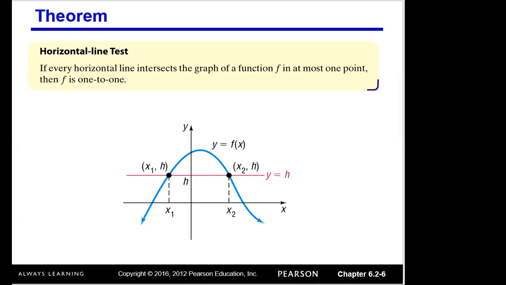If you can draw a horizontal line through this and it crosses in 2 places like this example does, you have just found 2 different inputs with the same output of H. And that violates the 1 to 1. So vertical determines whether it's a function. If it's a function, then you want to say, well, is it a 1 to 1 function? Then you do the horizontal line test to see if it crosses more than once. It's a very simple test.